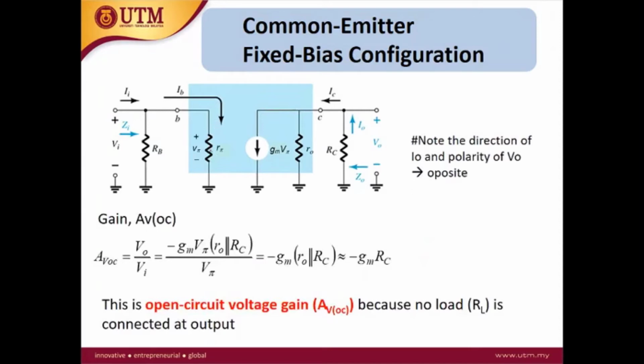Next, we analyze the gain for this fixed bias configuration. As I mentioned before, there are many types of gain, for example AVOC, AV, and AVS. Now we consider AVOC. The OC here refers to open circuit.